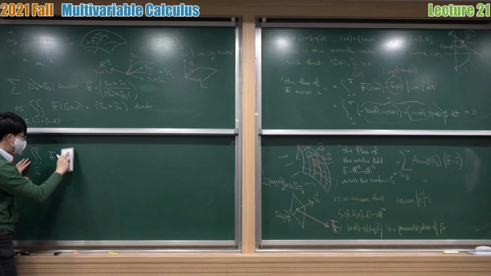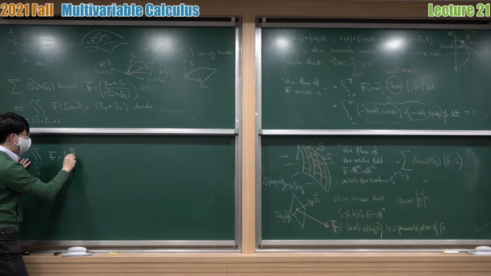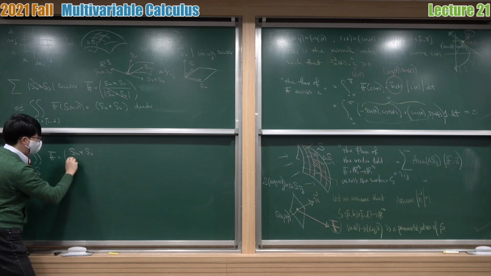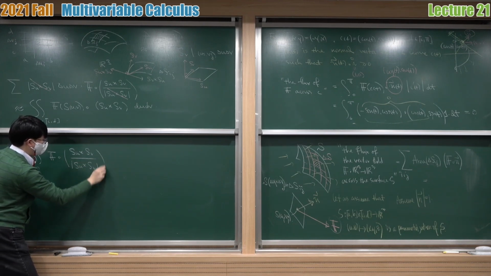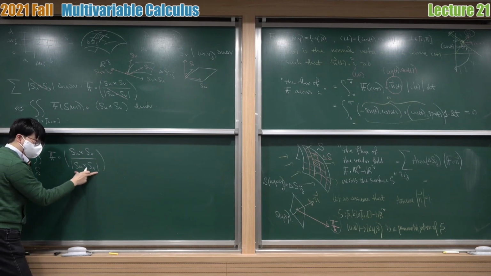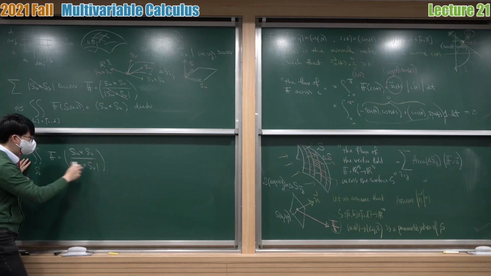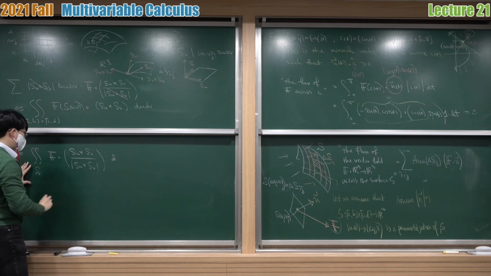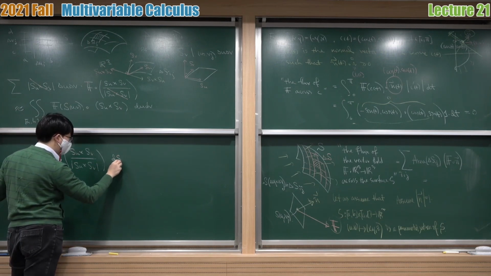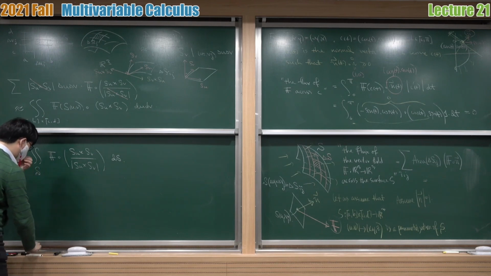You have S_u, S_v, the unit normal vector on the surface, and then you take the inner product with F, and then you take the dS here.